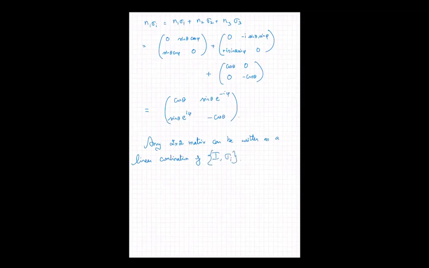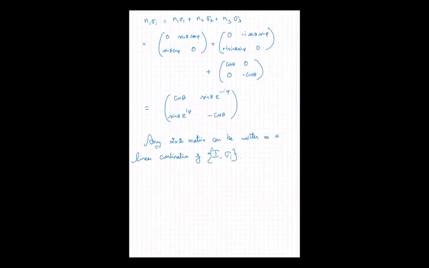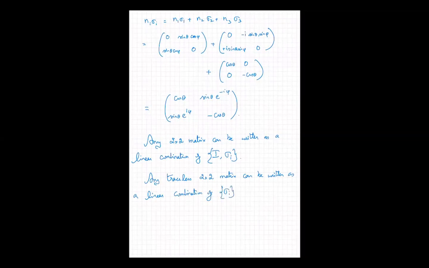Okay. It also turns out that any traceless 2 by 2 matrix can be written as a linear combination of the Pauli matrices, because the Pauli matrices are all traceless, and they actually form a basis for all 2 by 2 matrices.